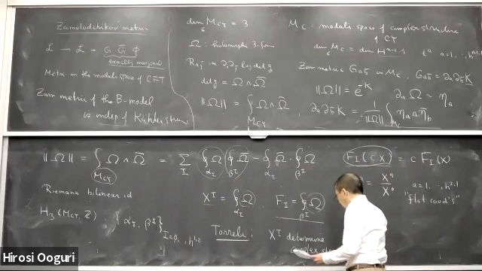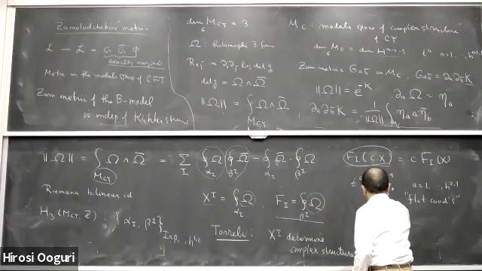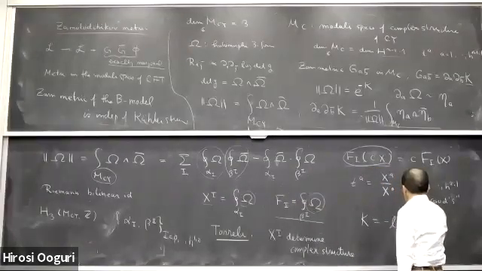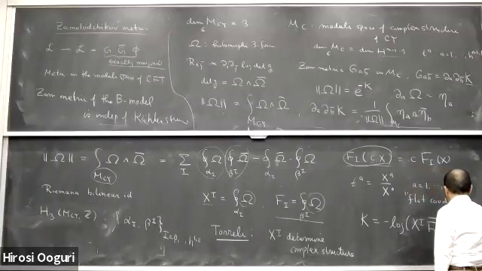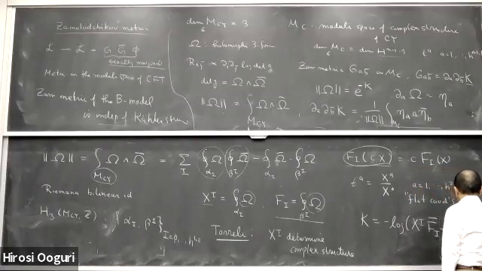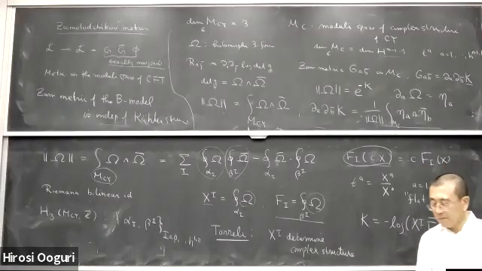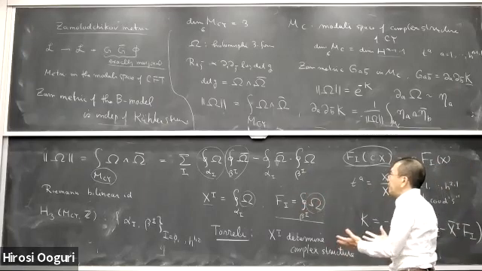And then K, the scalar potential, is determined in this way by minus log of xi_I F-bar_I minus xi-bar_I F_I. So everything can be found explicitly. But this is the classic B model case.